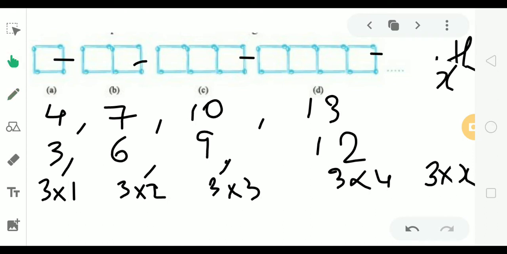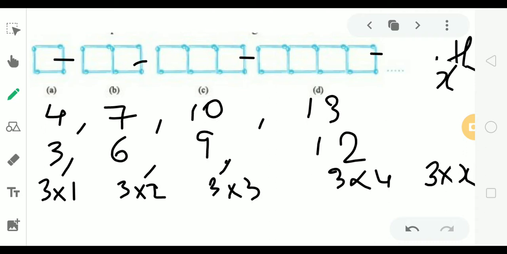But in fact there are 4. Just to make some arrangement, we removed one stick. If you remove one stick, we will get the multiplication table of 3. So 3 into 1 is 3, 3 2s are 6, 3 3s are 9. And as per that, in the xth pattern, it will be 3 times x.